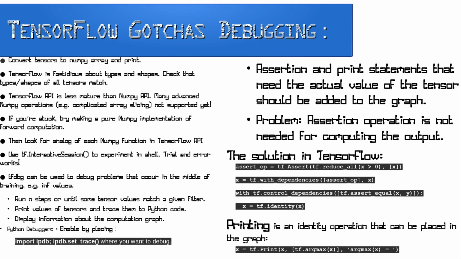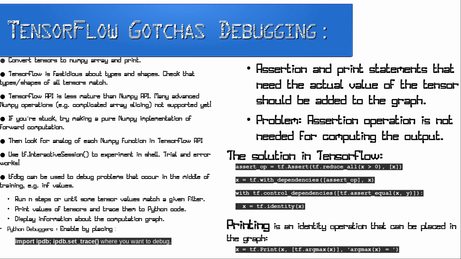x is equal to tf.with_dependencies within round braces within square bracket assert_op, x close the round braces. With tf.control_dependencies within round braces within square brackets tf.assert_equal within round braces x, y close the round braces close the square bracket close the round braces colon x is equal to tf.identity of x.